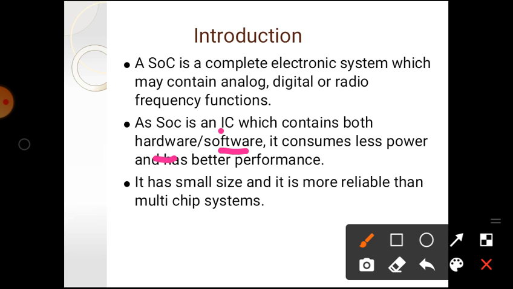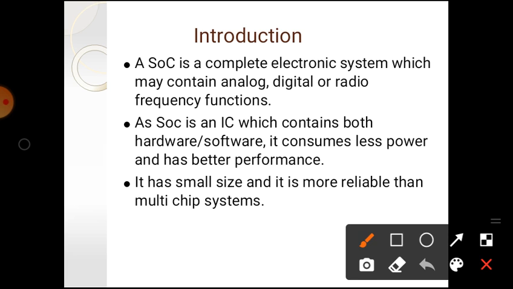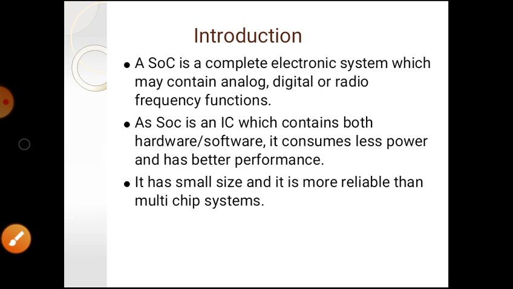It consumes less power, so its performance is better. It is small in size and it is more reliable than a multi-chip system. Here the system on chip has a very small size and so it is more reliable as compared to other systems.